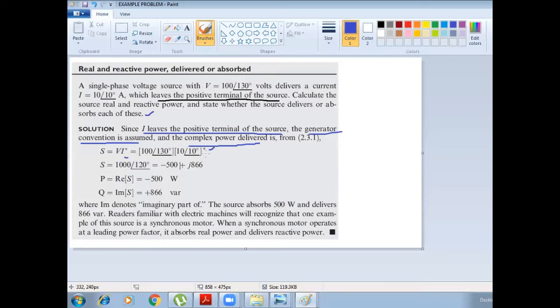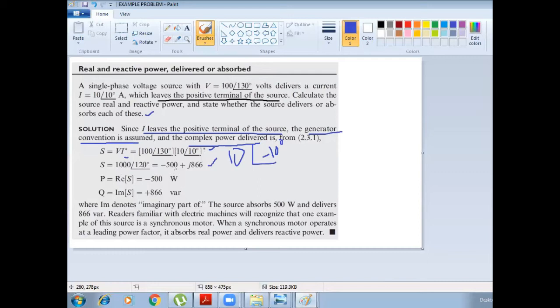As it is a complex conjugate, it will be 10 at an angle minus 10 degrees. Now 130 minus 10 gives 120 degrees. If you convert into the rectangular form, it is minus 500 plus j866.